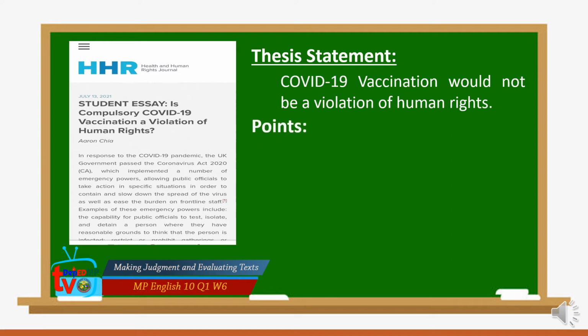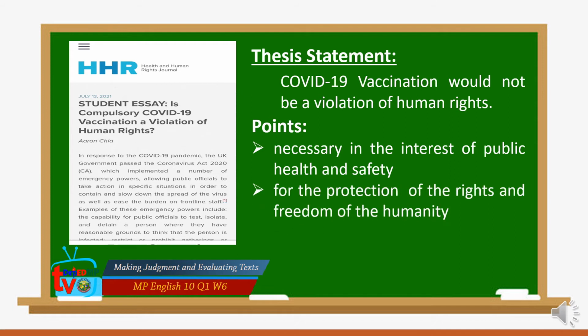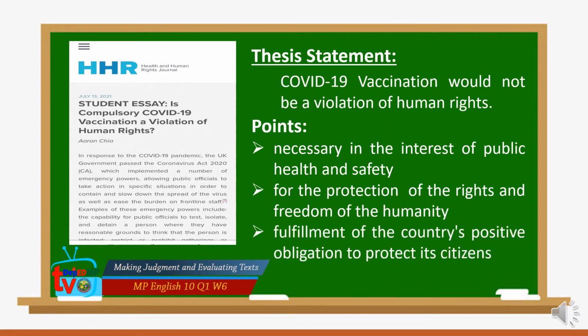And here are the possible points that you can write in your critique. First, compulsory vaccination would be necessary in the interest of public health and safety. Second, it is for the protection of the rights and freedom of humanity. And lastly, it is to ensure the fulfillment of the country's positive obligation to protect its citizens.